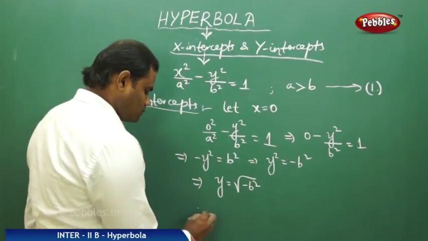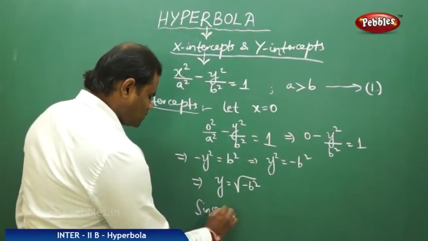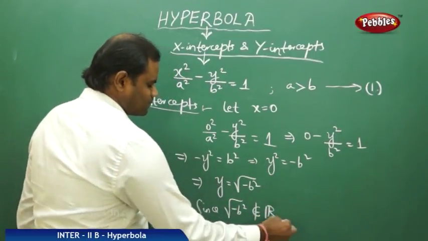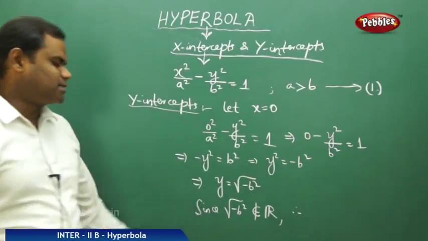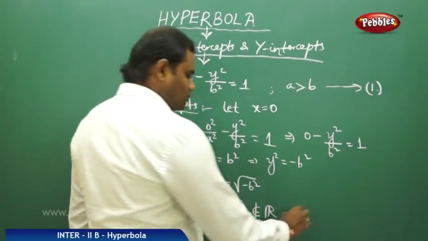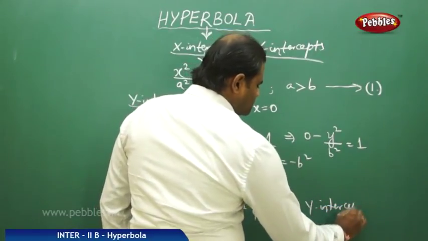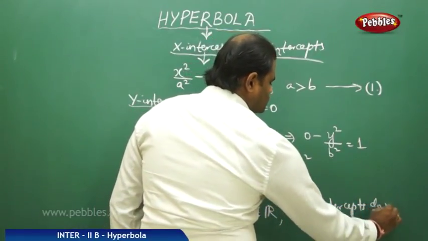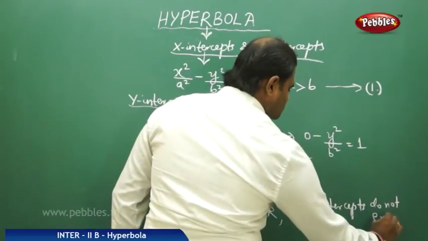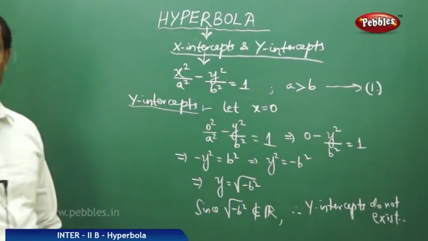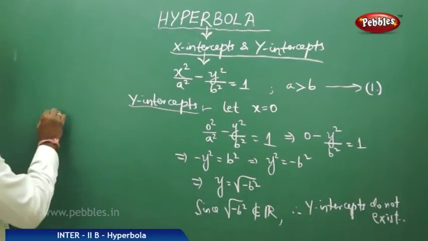Therefore, since the root of minus b squared is not a real number, the y-intercepts do not exist.